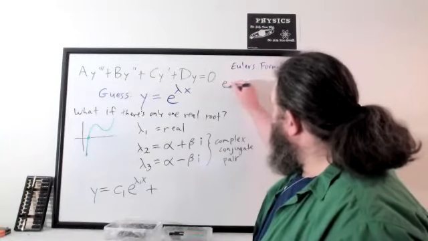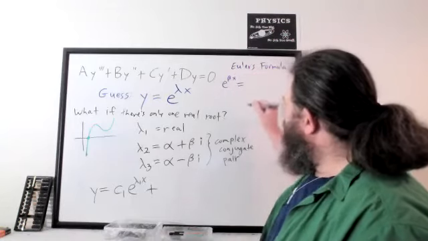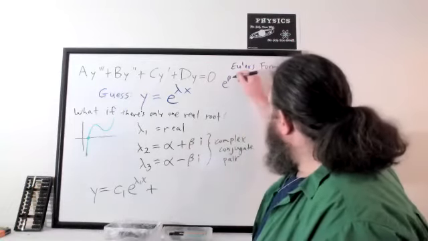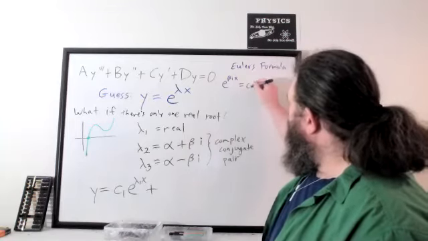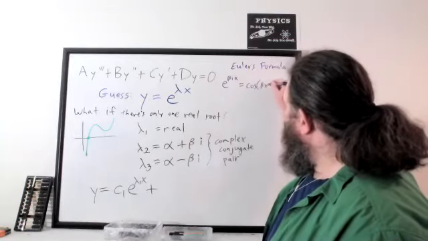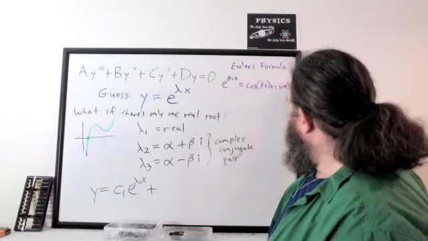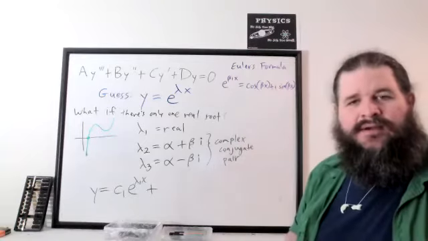If you have e to the power of beta i x, that ends up being cosine of beta x plus i sine beta x. So you get a cosine as a real component and a sine as an imaginary component.